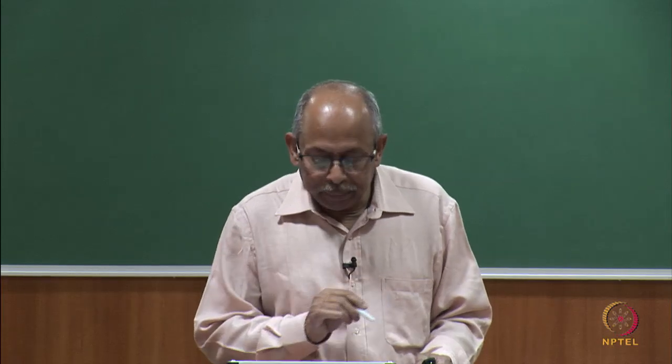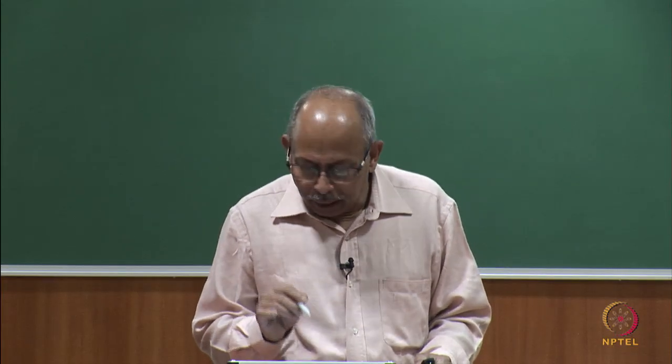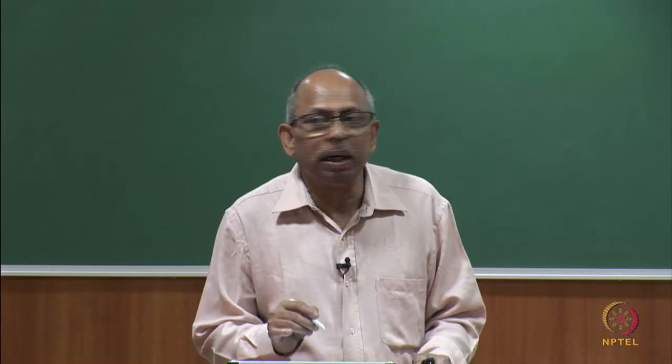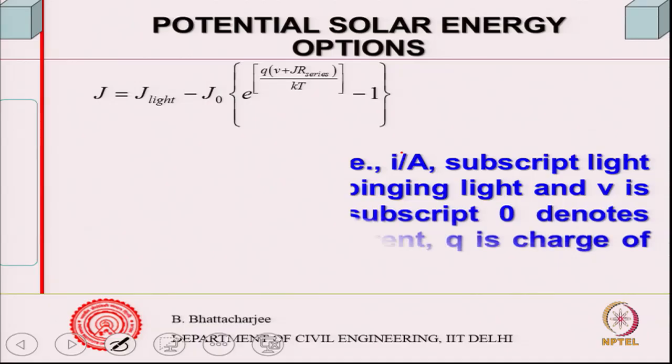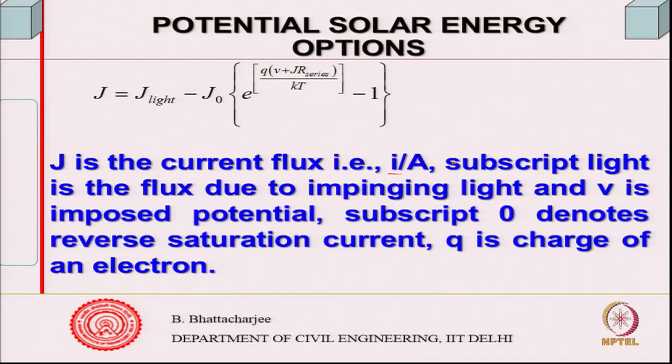Now, if you look at the current flux, it is defined as I divided by A, the current per unit area, because I have a cell area through which current passes. So, this is the current flux, and that must be that due to light, and there is some amount of reverse current generated.